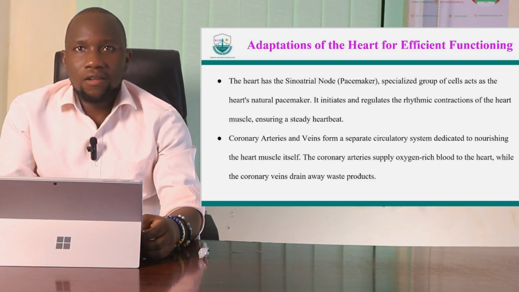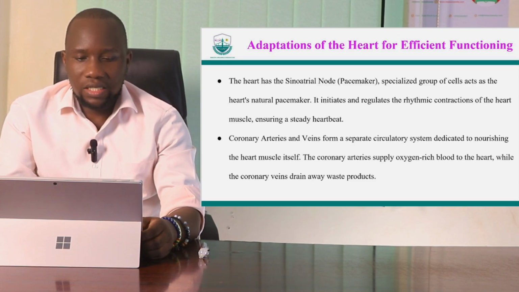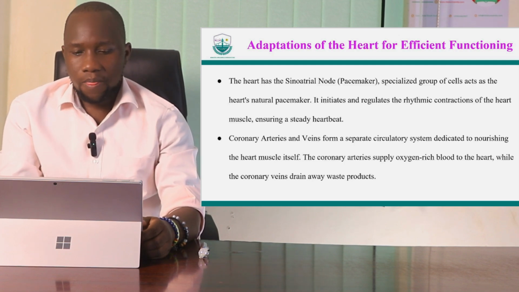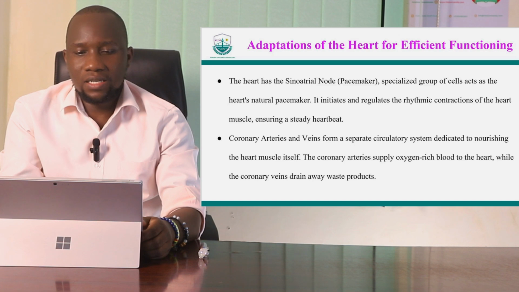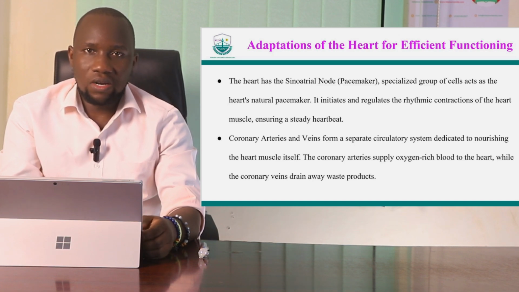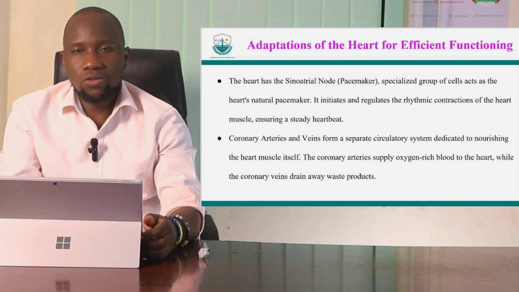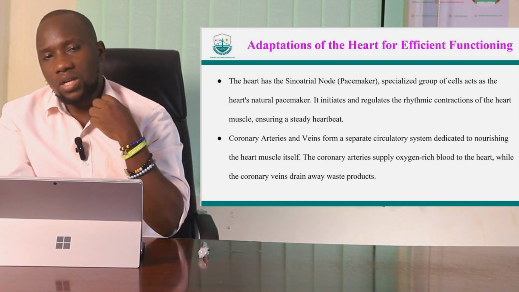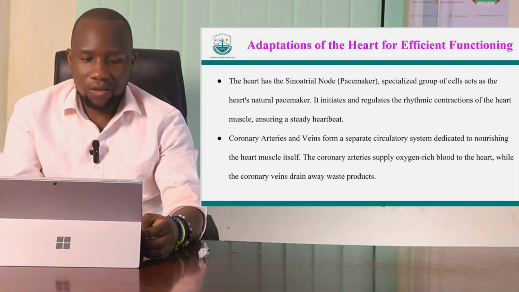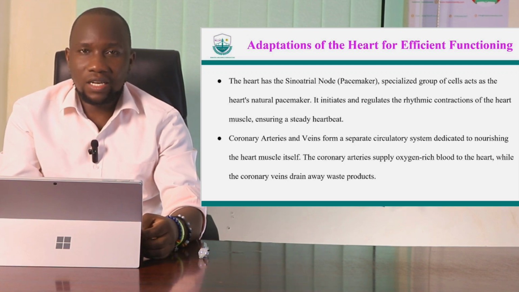And then the presence of the coronary arteries and veins means that blood can be supplied to the heart muscle through the coronary arteries, and also the coronary veins can drain deoxygenated blood away from the heart muscles.